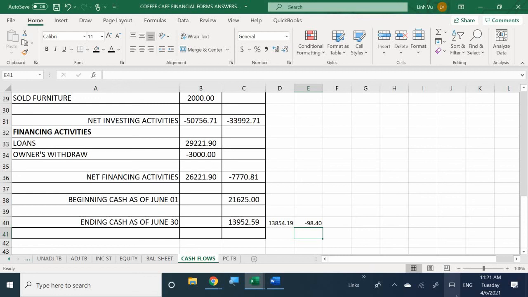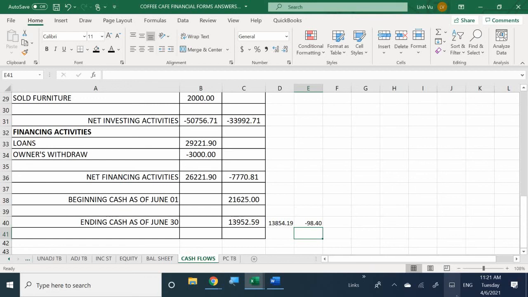I have no idea where it is, but I can tell you this is how you're supposed to figure out how the statement of cash flows is supposed to be. Everything that you've listed out here, whether it's operating, investing, or financing, should give you this difference amount. And this difference amount is supposed to go against your beginning balance in your cash, which we know, right?